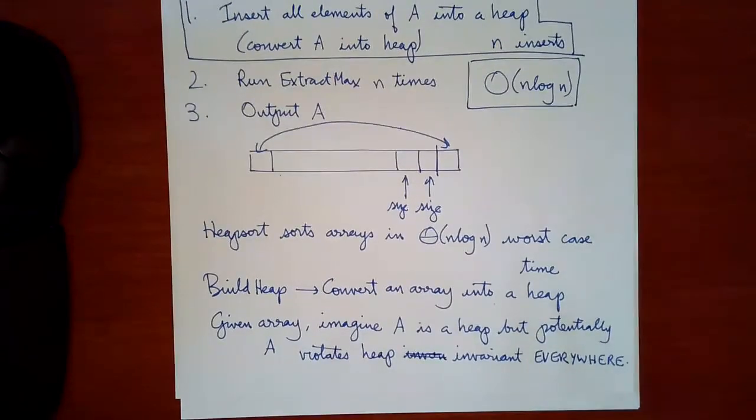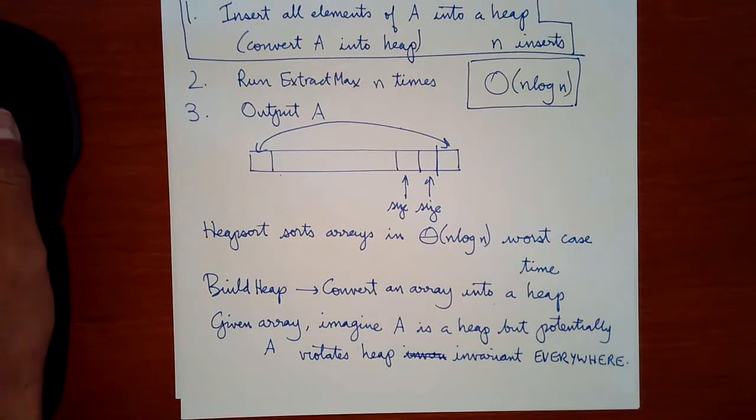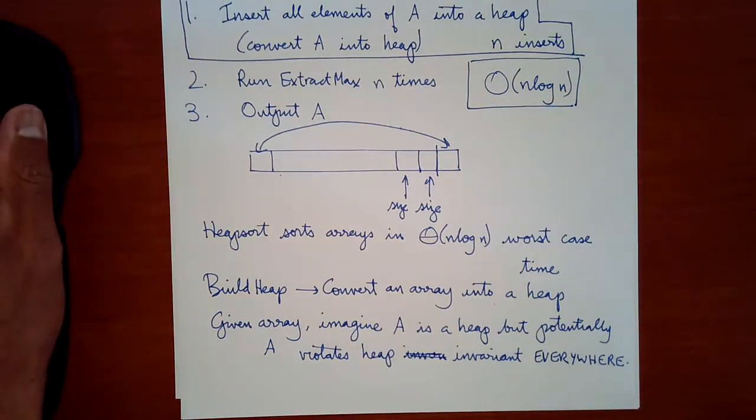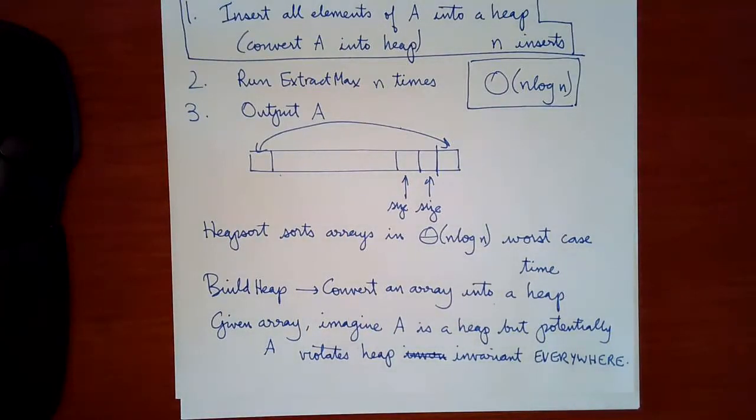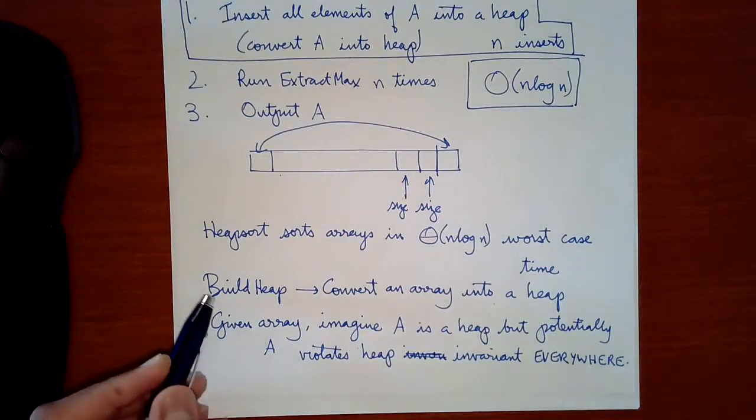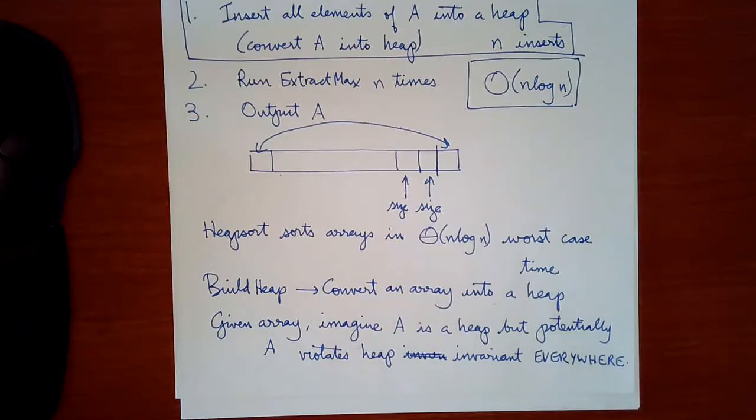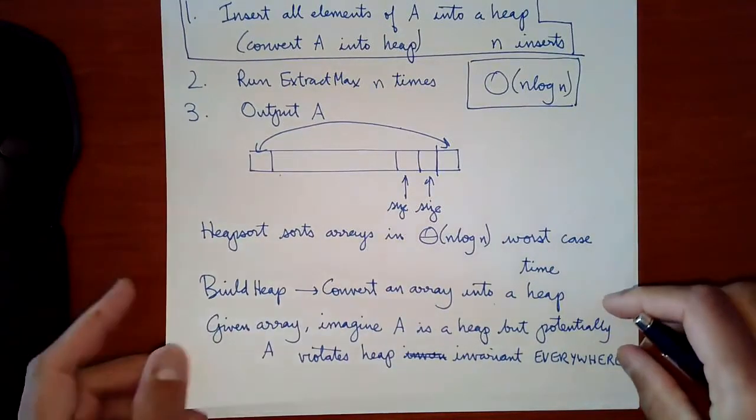Potentially it actually violates it everywhere. So far all the discussions that we've had are that the heap problem is in one place, but if you wanted to build a heap, if you just think about your array, the problems could be everywhere. And as was mentioned, there is a very clever way of building a heap.